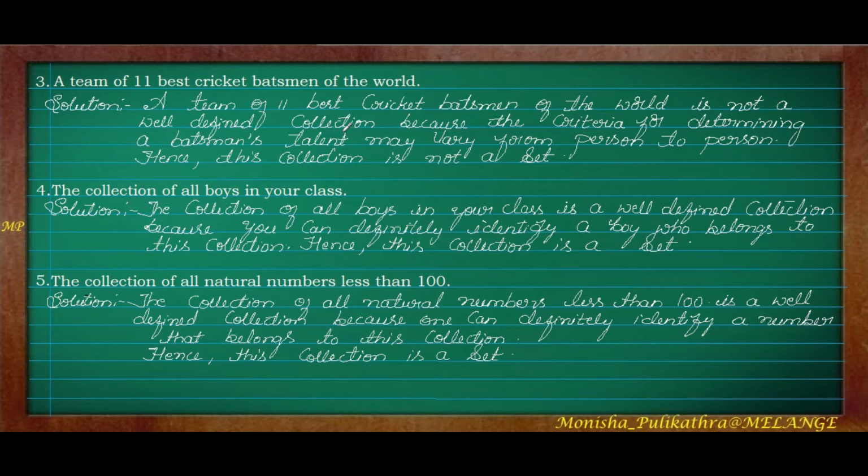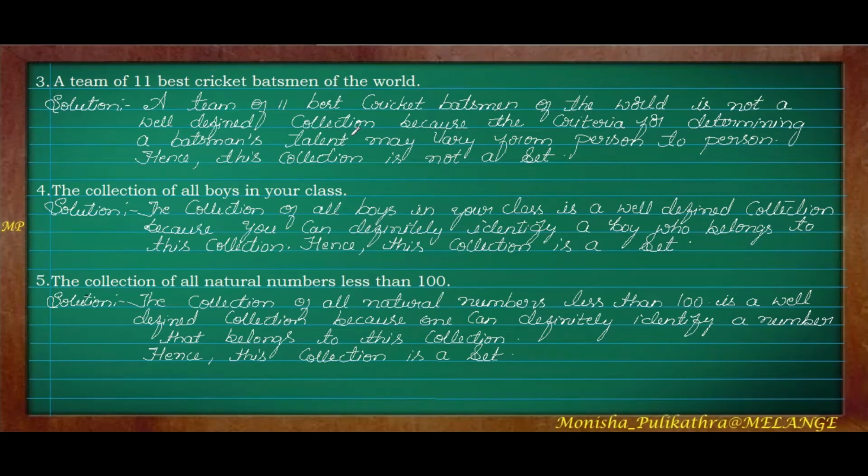In the same way, if we are getting the collection of 11 best cricket batsmen, then from person to person, the talent of each batsman varies. For example, you may have some other batsman as a talented person, and another person in your class will like some other person. So from person to person, these views and vision vary.